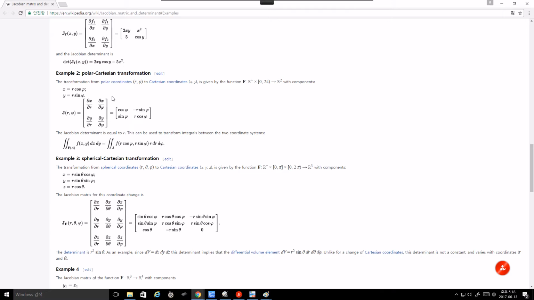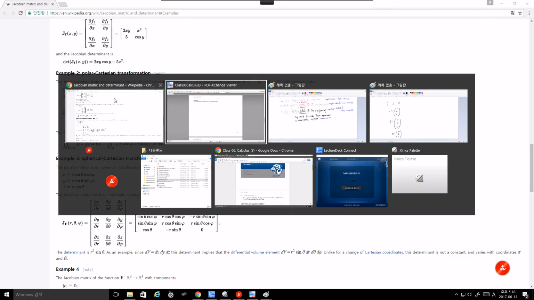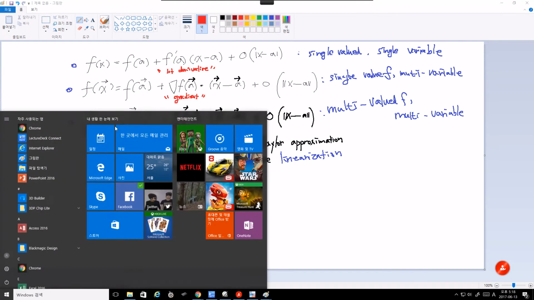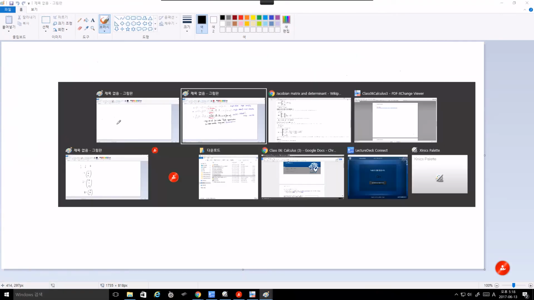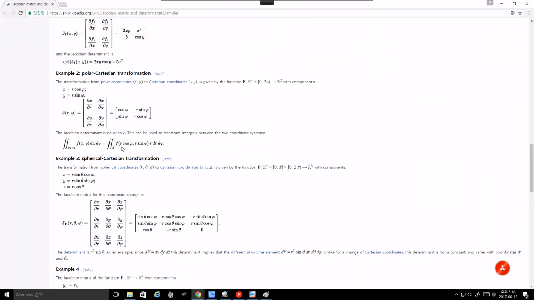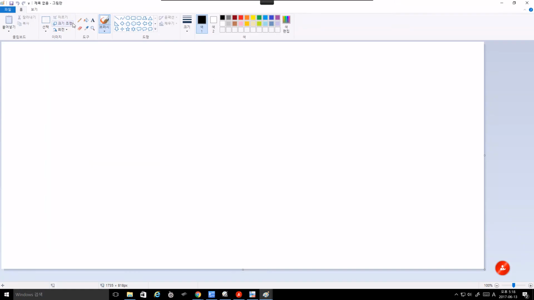So basically, if you draw the graph of this one, I think you learned it in high school. Here, x equals r cosine phi, y is r sine phi, right?